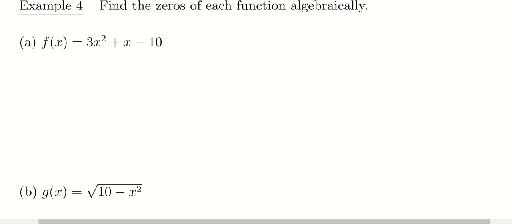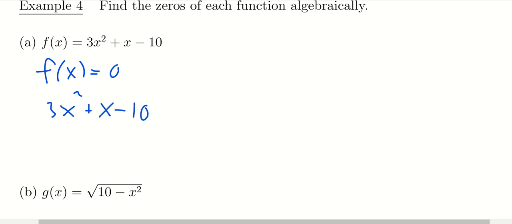In f of x, we want to solve where f of x is equal to 0. That is, where is 3x squared plus x minus 10 going to be equal to 0? For this one, it's a quadratic. We should try to factor it if it factors. I think we'll be in luck.